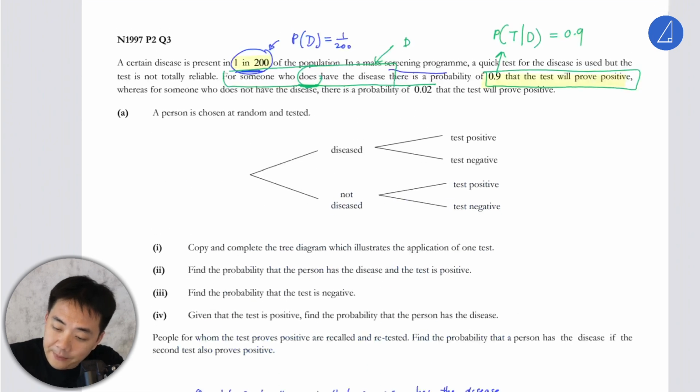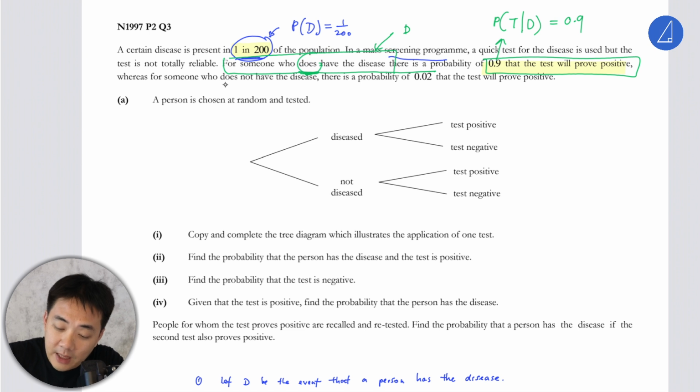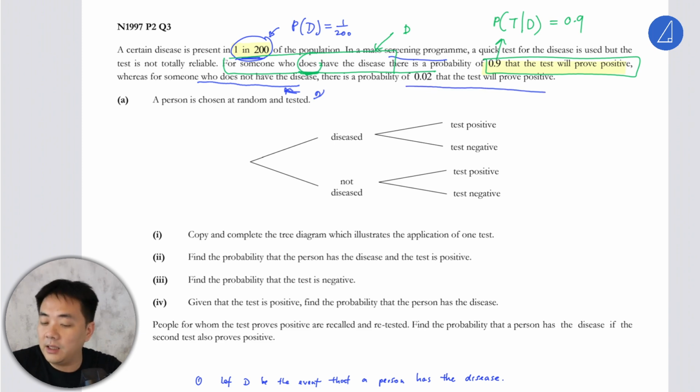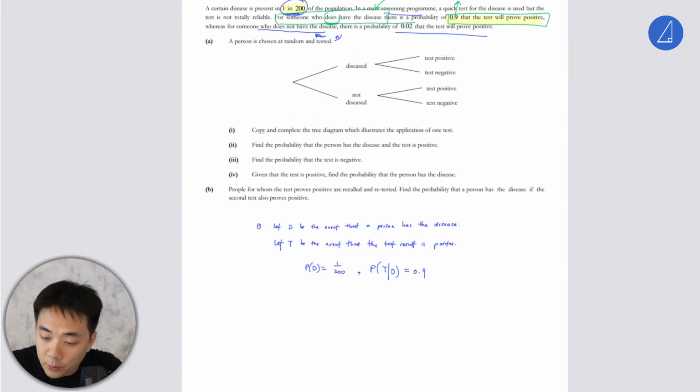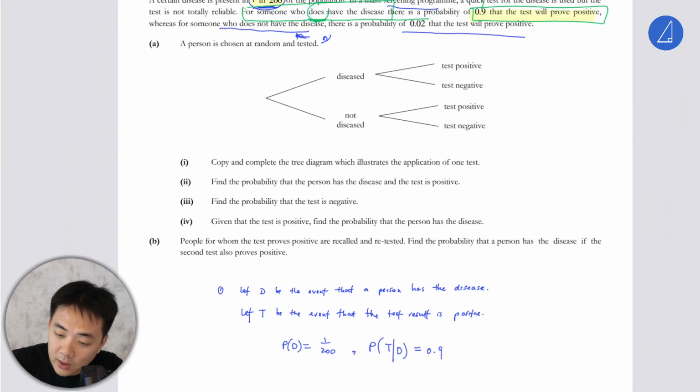Whereas for someone who does not have the disease, meaning D prime, then this is a reliable test because only 2% will prove positive. So this is the false positive, P(test is positive given D prime).